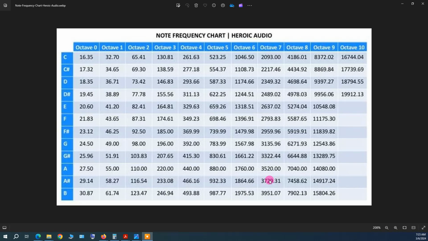3729.31. What you can do then, you can take all these frequencies in this row of the A sharp tones and start measuring from that low, and you'll get pivot points in the market. So from that low at the A sharp tone, you can measure over 29, 58, 116.5, 233, 466, and so on.